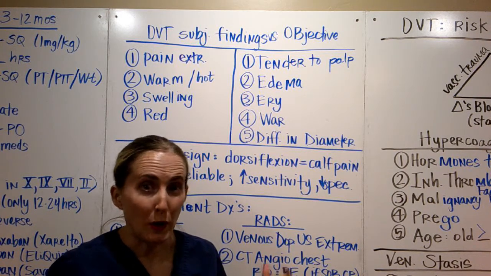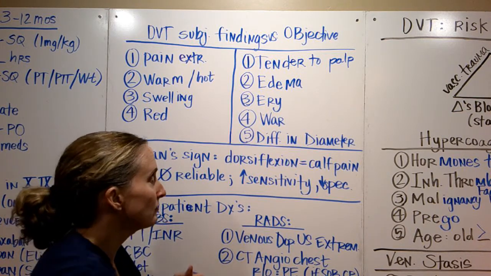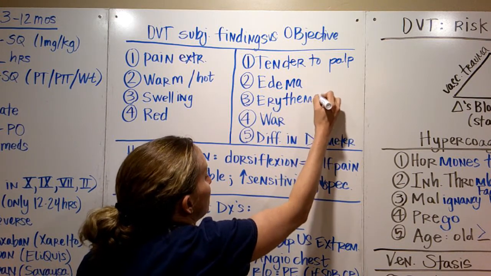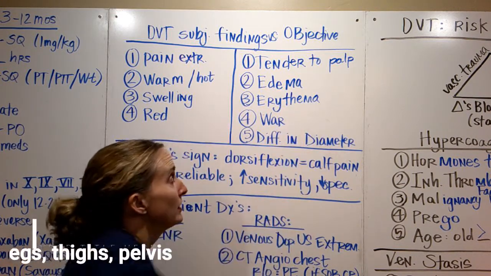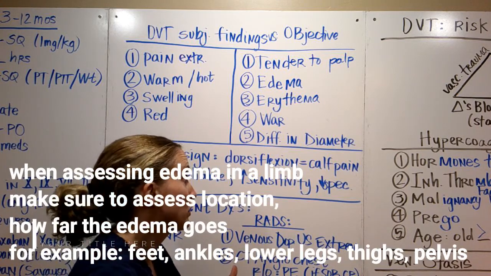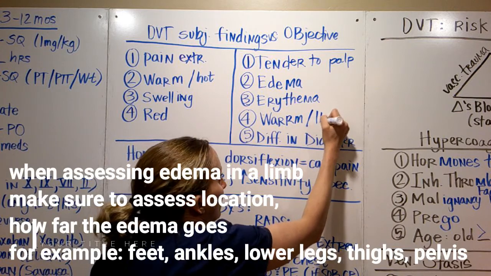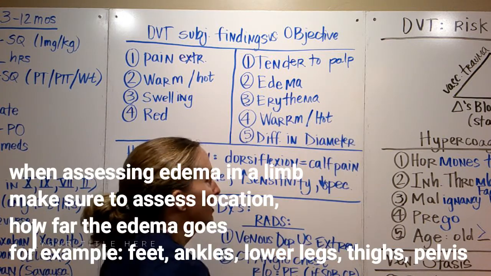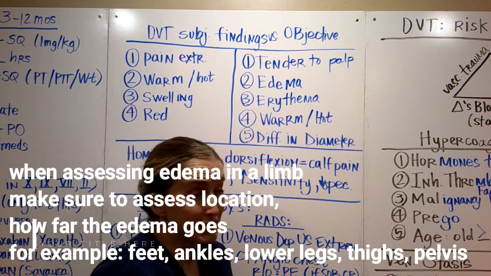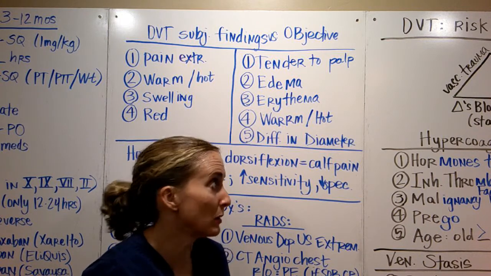And depending on the grade of it, sometimes it can be as much as 3+. All right, then, the medical version of redness is we might report some erythema, so some redness. And then also we can feel the warmth, or it might feel hot to the touch, okay? Then also, you might see and probably see a difference in diameter from calf to calf or arm to arm, if that's where you're looking.